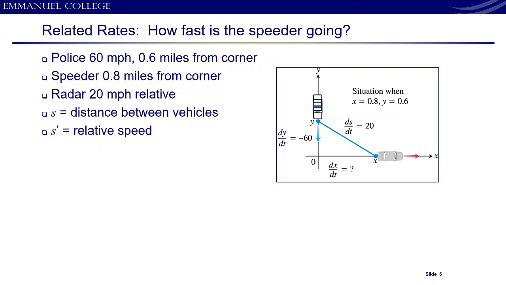Now, the thing that we were after is this, the dx/dt, because I want to know how fast the person that's speeding is going. So we have the distance between the two vehicles here. We don't know that, but we do know that the relative speed is 20 miles per hour between these two.